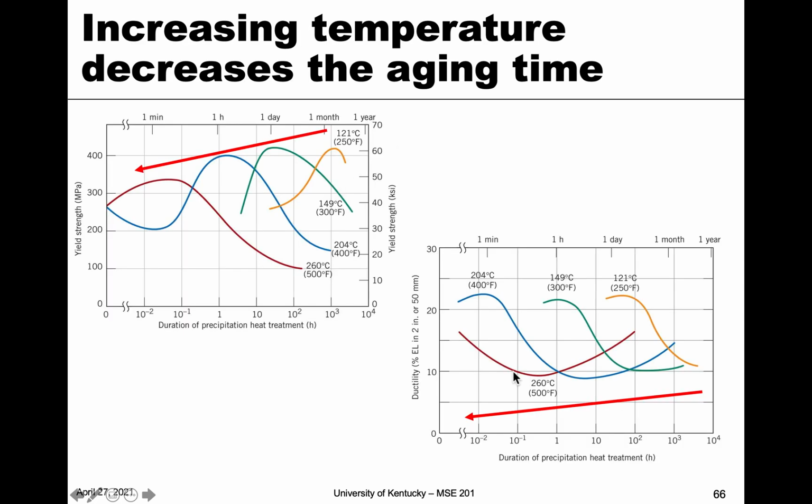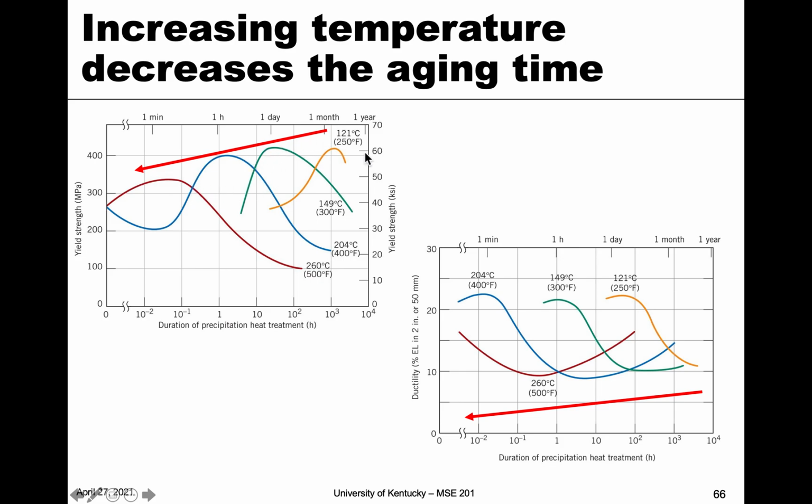All right, so this looks at a series of different times and temperatures for these various treatments, and we're going to look at yield strength and we're going to look at ductility. So the same kind of trends that we see with strength and ductility hold, because if you increase strength, you tend to decrease ductility. But what this also shows is that if we increase temperature, we decrease the strength.